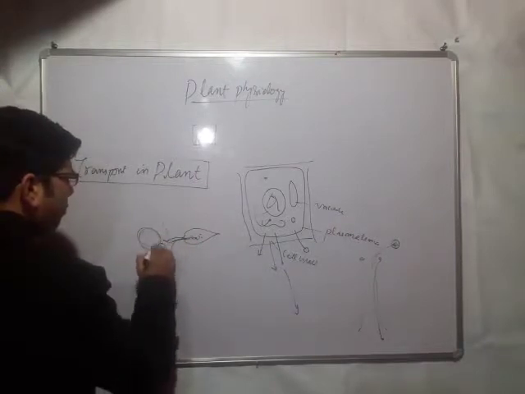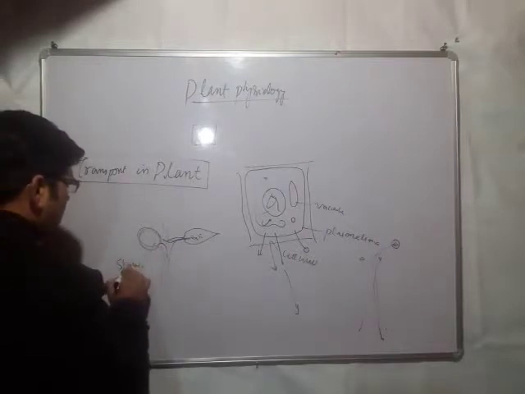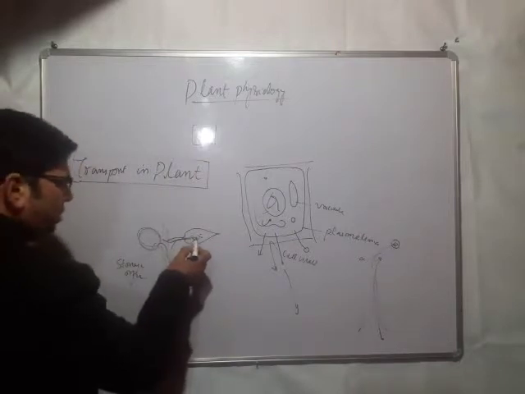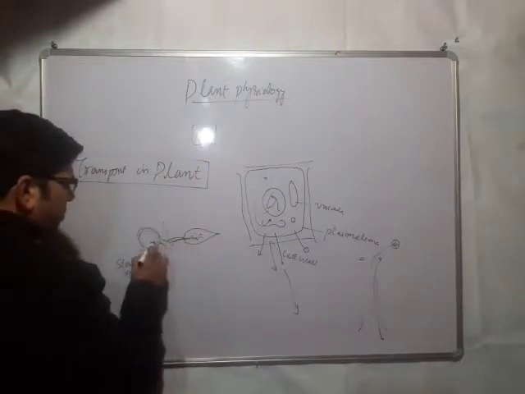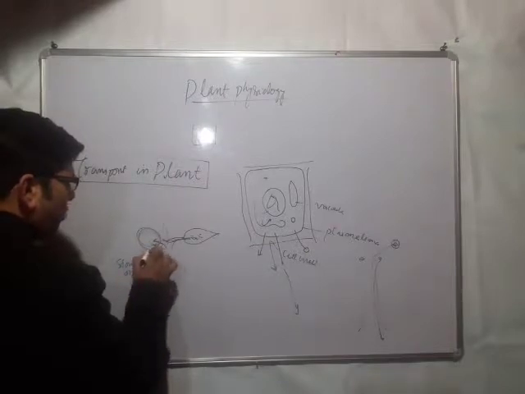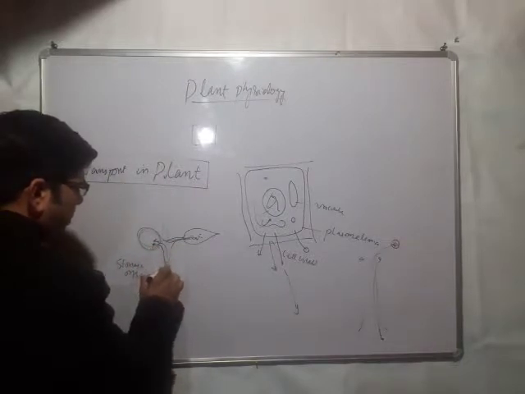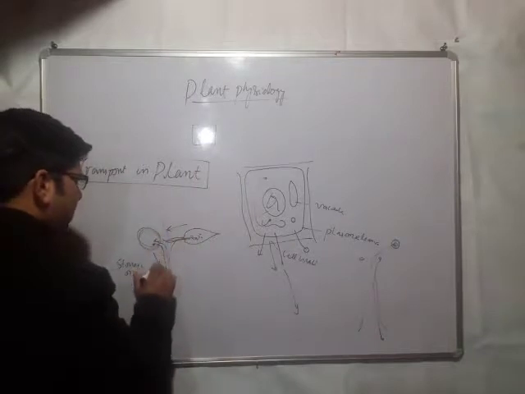Suppose this is a storage organ. The solute moves from the synthesizing organ to the storage organ. This is the first go. In the second go, the solute gets distributed from the storage organ to different parts of the plant where it is used. So this is the first transport and this is the second transport.